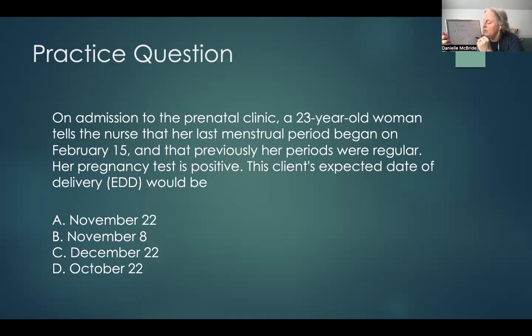So using Nagel's rule, November 22nd. And this one didn't do the year. So for her, though, we would add a year. If this was February 15th, 2023, then actually this one doesn't add a year, my apologies, because November happens before the end of the year. So for this one, 2023 would still be the due date. If it's going to take us into the next year, then we would add the year.